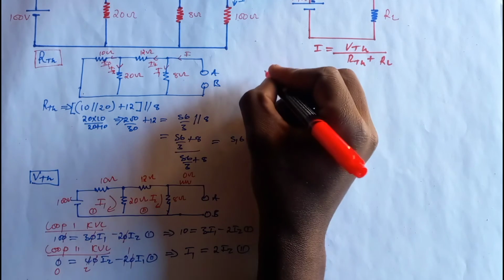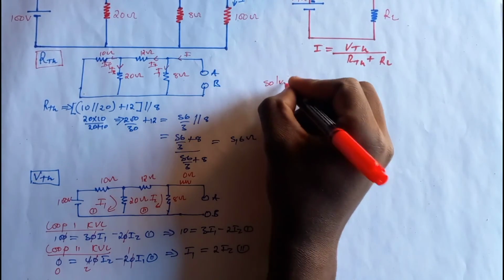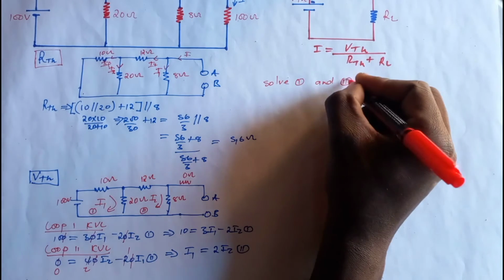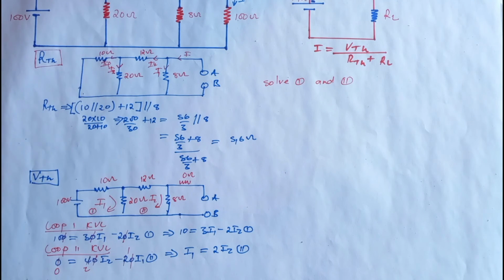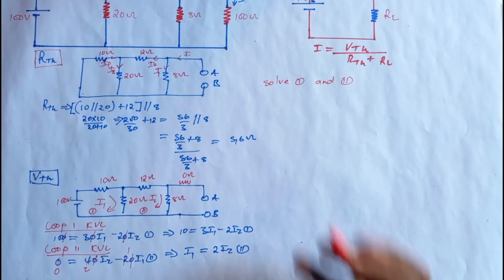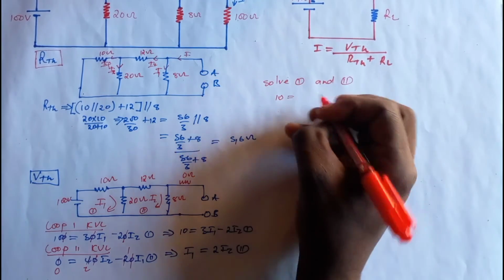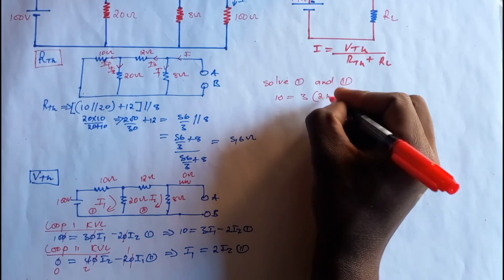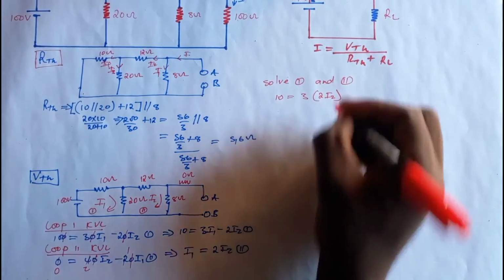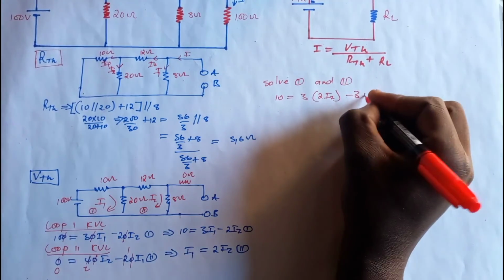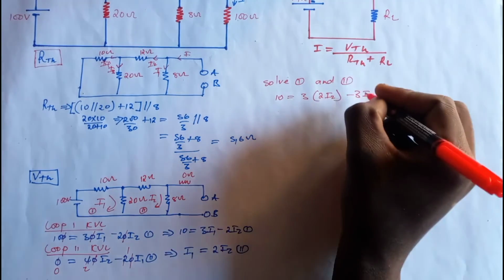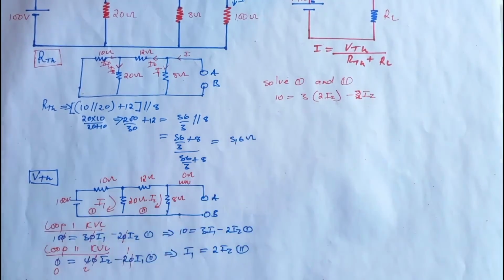Now I'm going to write: solve 1 and 2 simultaneously. By substituting I1 into equation 1, we're going to see that 10 is equal to 3 times, instead of writing I1, I'm going to write 2I2, minus 2I2.